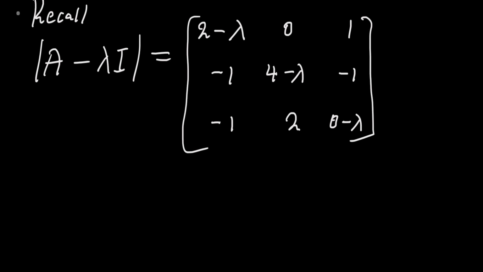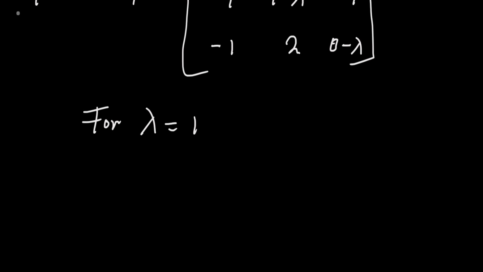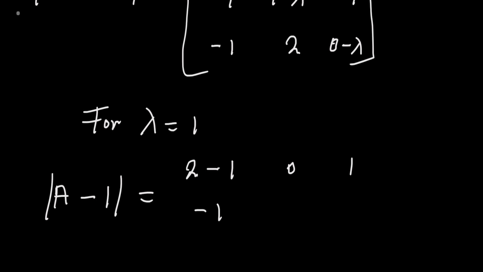So now, for lambda equal to 1, this would be A minus 1 times the unit vector, which will also give you 1, and this will be equal to 2 minus 1, 0, 1, negative 1, 4 minus 1, negative 1, negative 1, 2, and 0 minus 1.